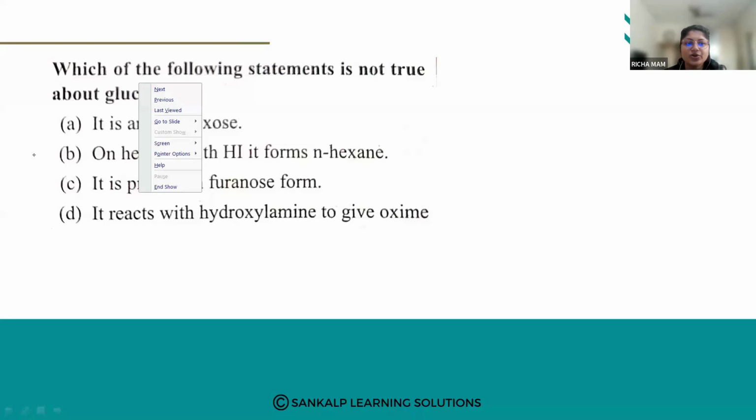So, what do we mean by aldohexose? Aldohexose means it consists of an aldehydic group. Let us first write the structure of glucose.